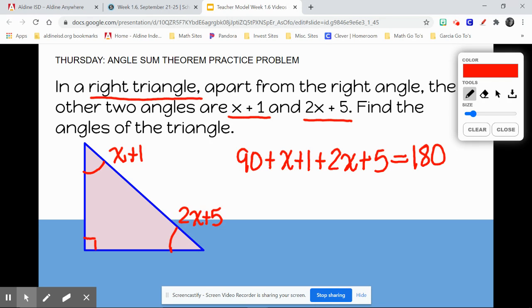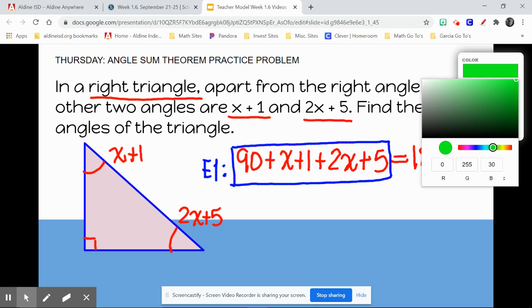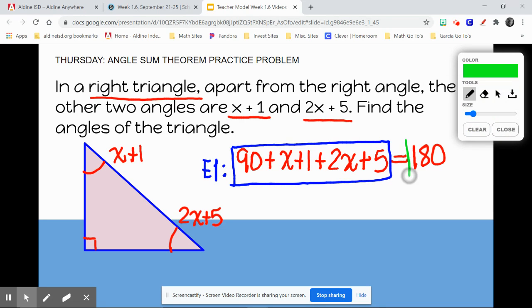And I can do that by using one of our three methods. I can use a calculator method. I can go to my calculator, put this in as E1. I can also put 180 in for E2.